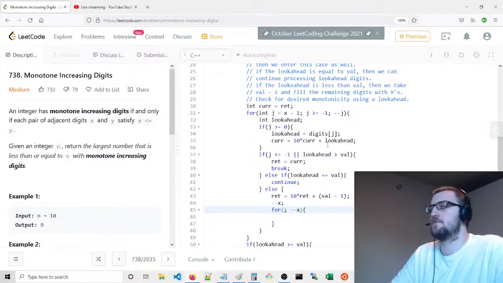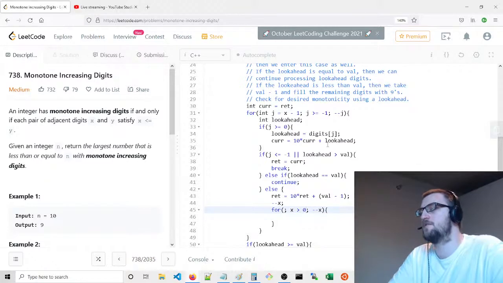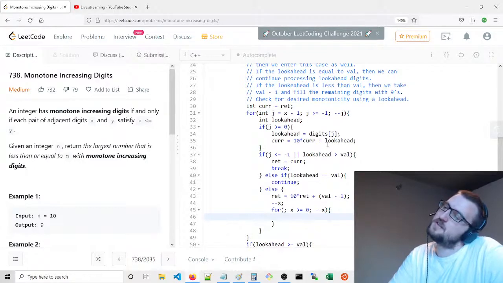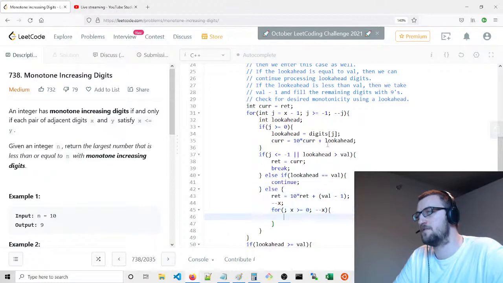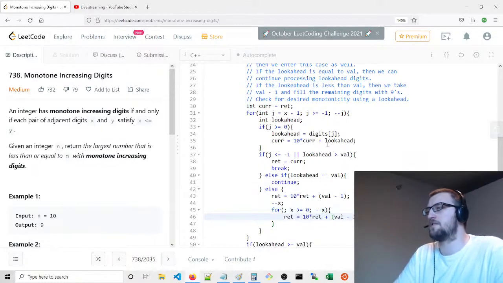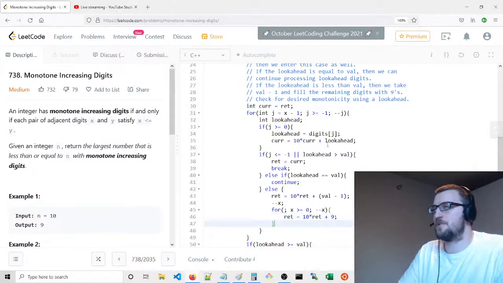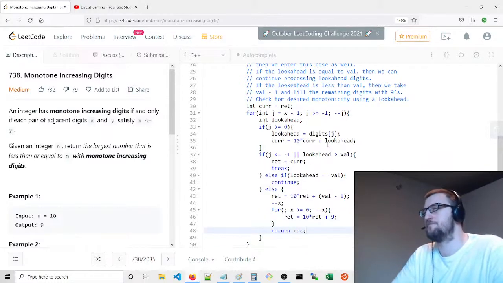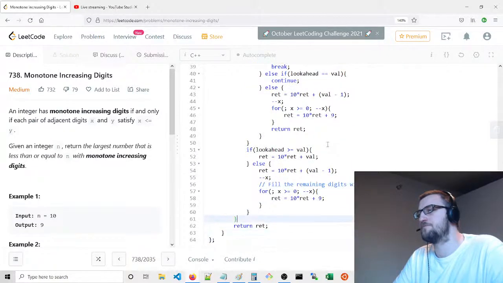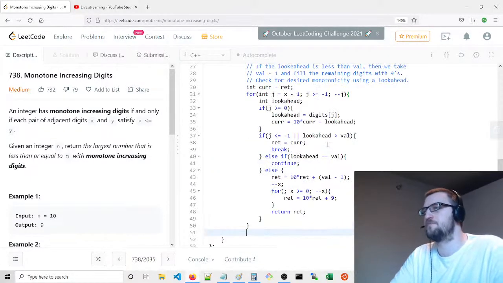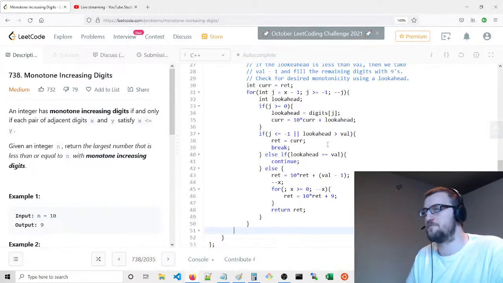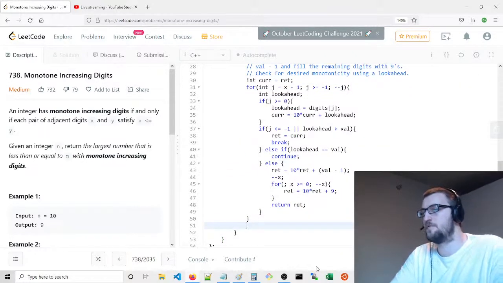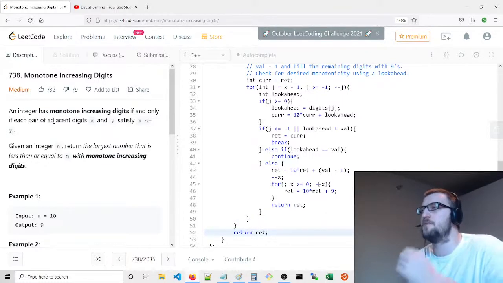Say for x is greater than 0, I think greater than or equal to 0, and we say the same here, and actually you could even return here.